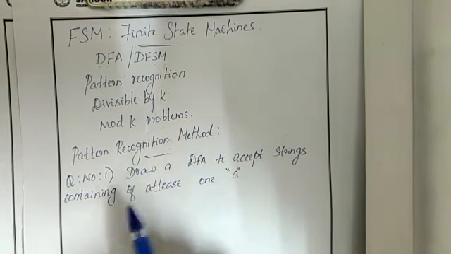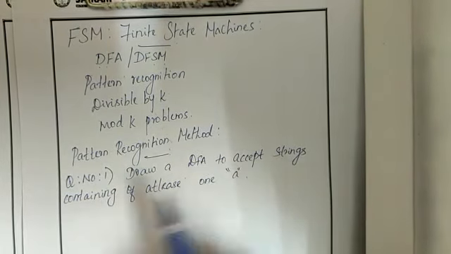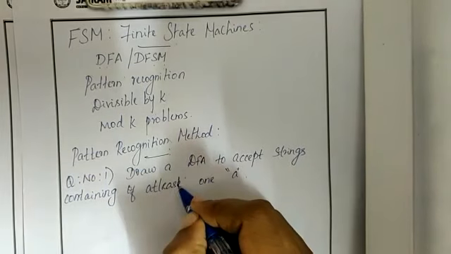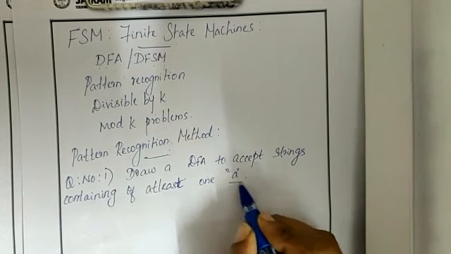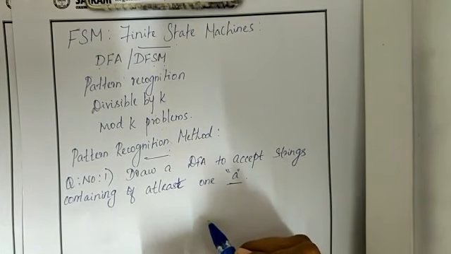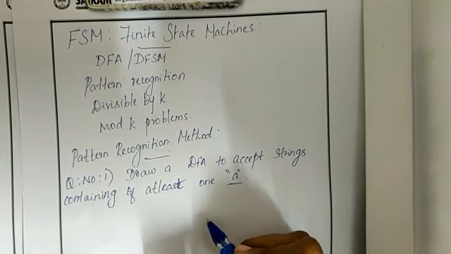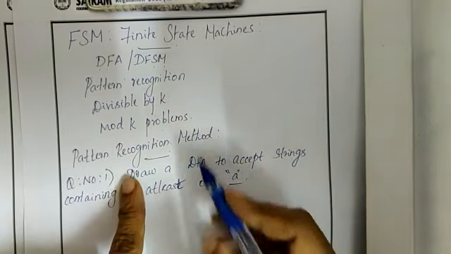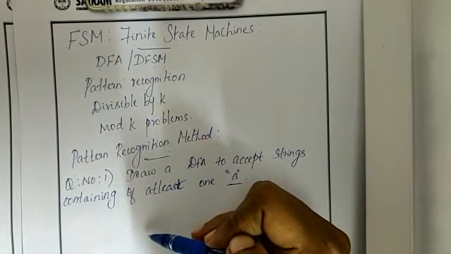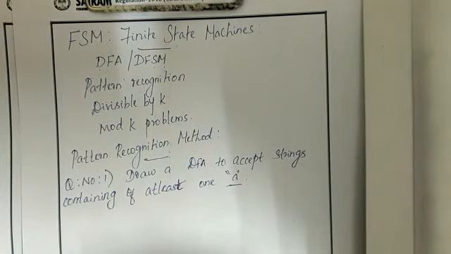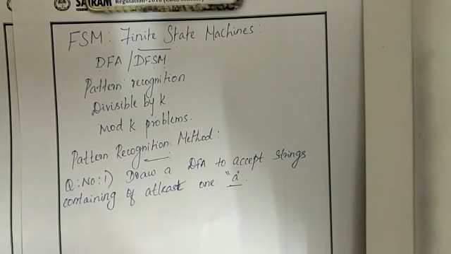Here, draw a DFA to accept strings containing at least 1A, so some pattern is given. I can understand this question belongs to the first type, pattern recognition method. I'll repeat once again: in pattern recognition method, a pattern will be present in your question.